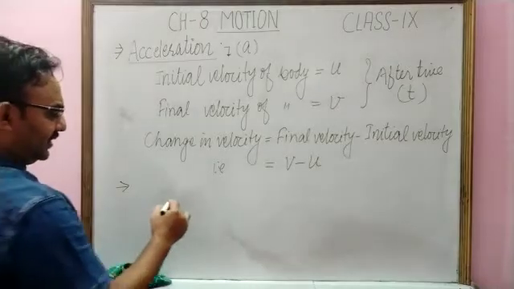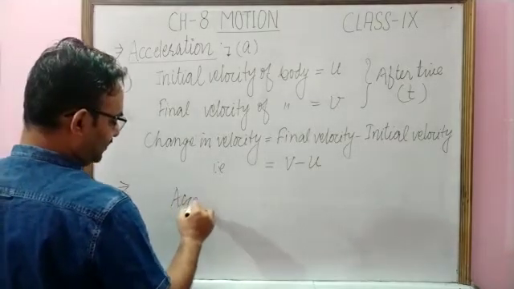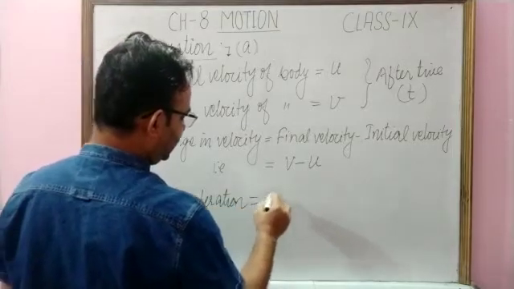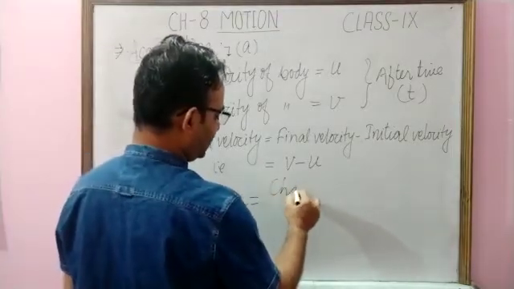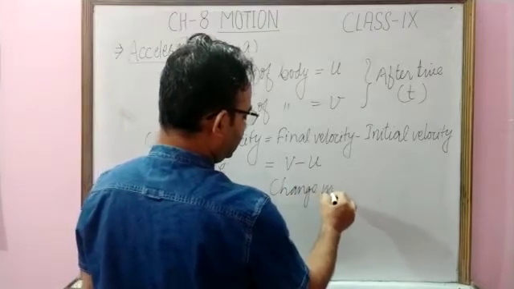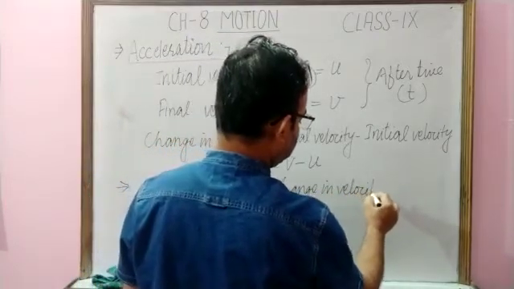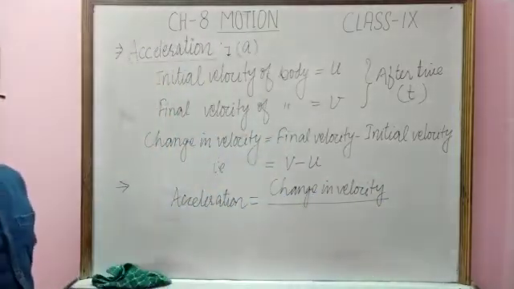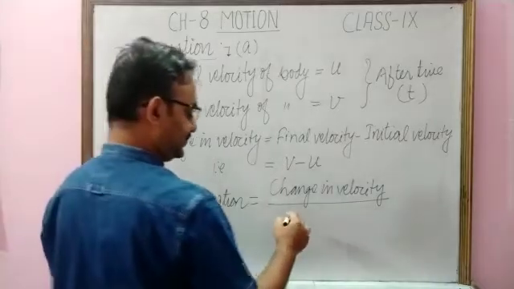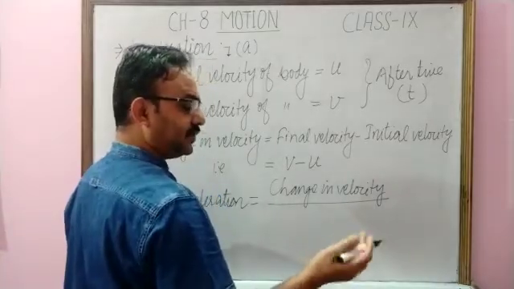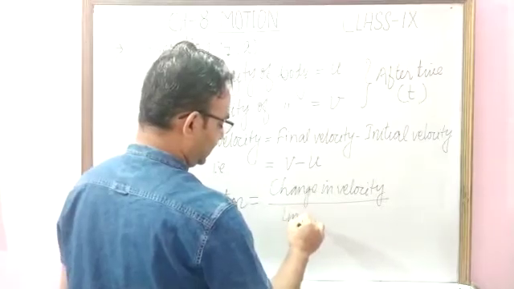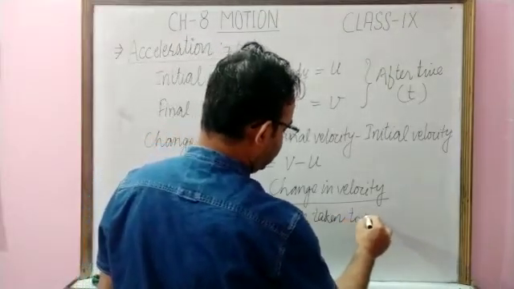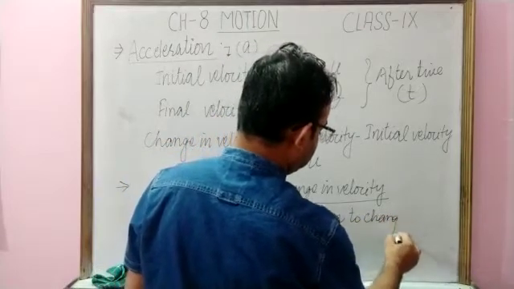So we can write here acceleration is equal to change in velocity upon time taken to change. कितने टाइम के अंदर वेलोसिटी ने चेंज लाया है, time taken to change.